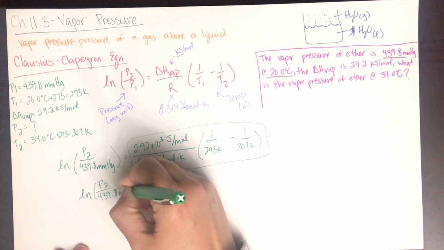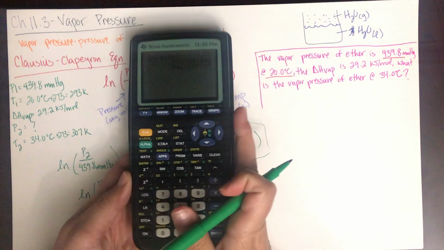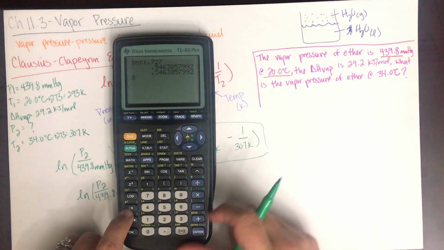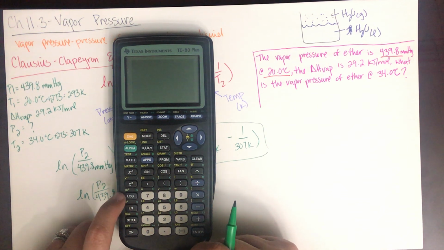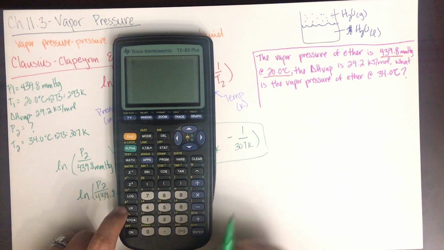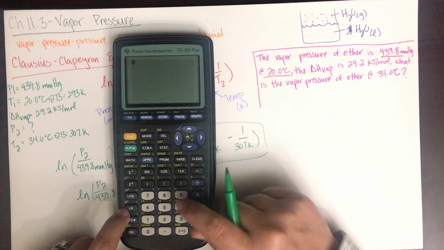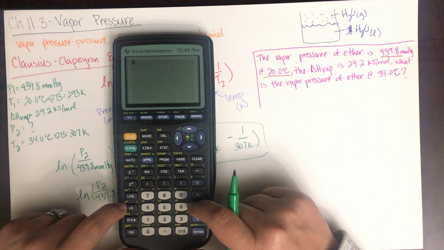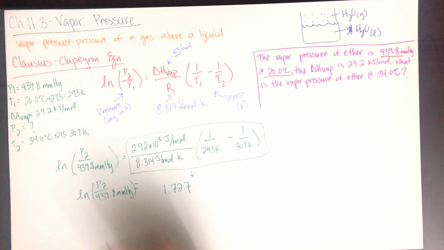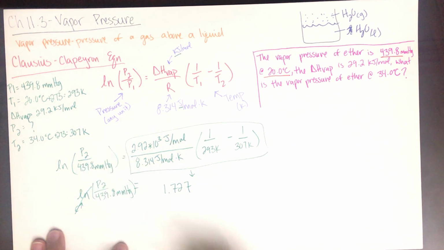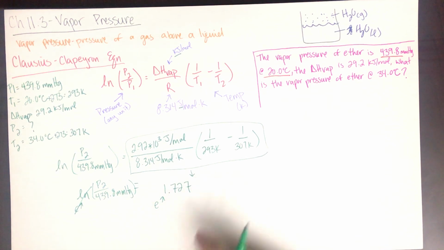Now to get rid of this natural log, on your calculator there's the natural log button, ln. This is not the same as log, which is base 10. So we're going to use the opposite of the natural log, which is e to the x. I'm going to raise both sides to e to the x to get rid of that natural log, e to the 1.727.